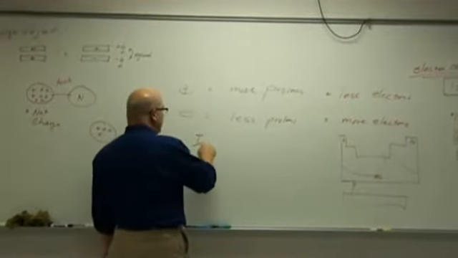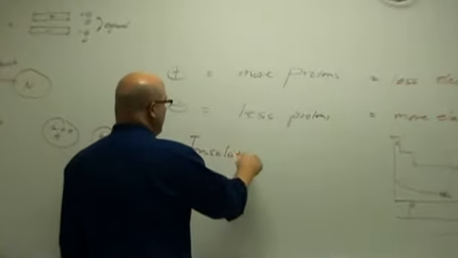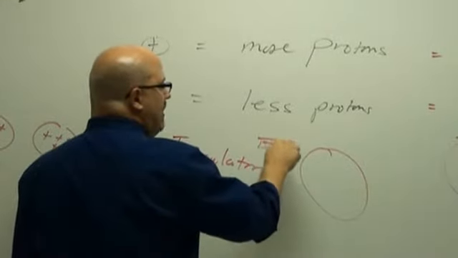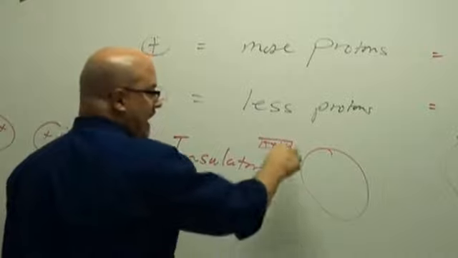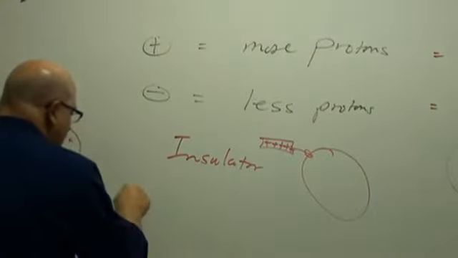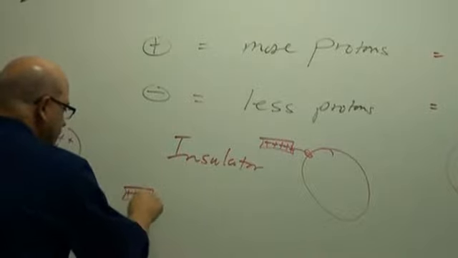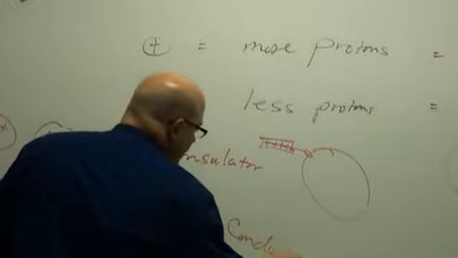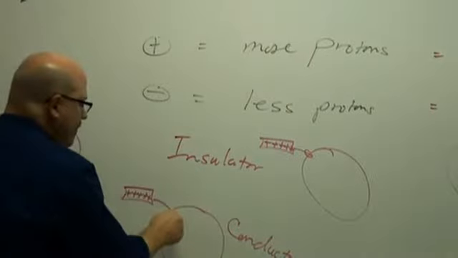All right, now we talked about insulators and conductors. Piece of cake. One other thing about insulators and conductors. If I take a charged object, all charged up, and I touch an insulator right there, and I take a charged object, same one, and I touch a conductor, right there.